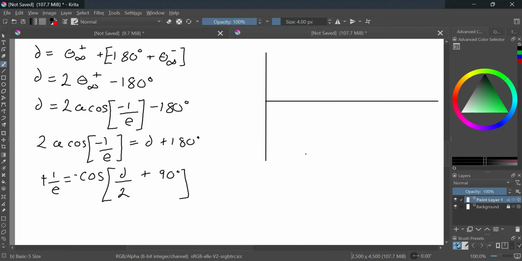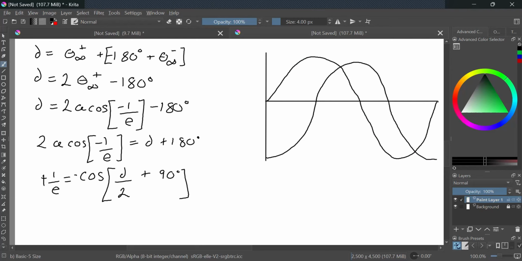Because cosine starts at 1, it is negated, it starts down here. Not perfect, but good enough. Phase shifting it positive 90 degrees will get us something that looks like this. Again, not perfect, but you understand what I'm going for.